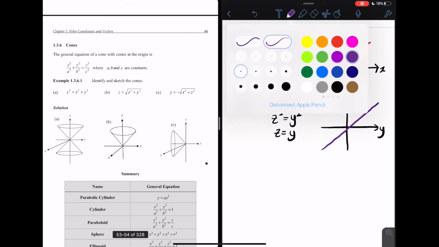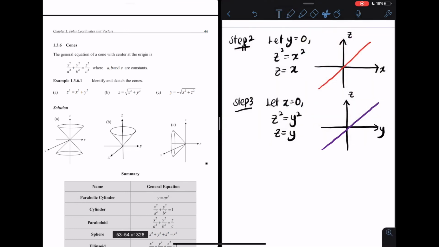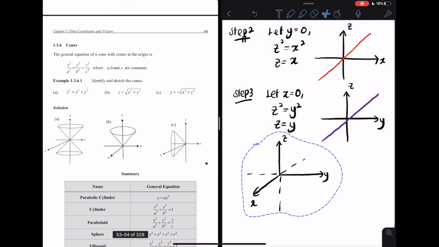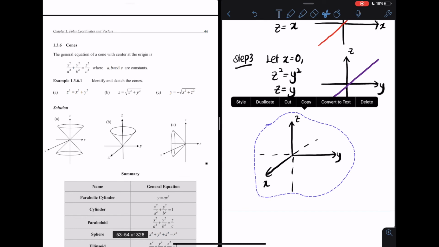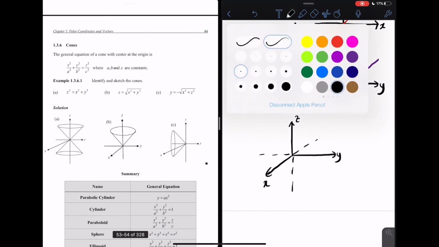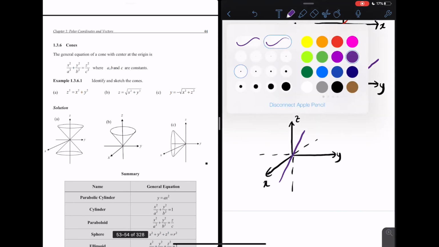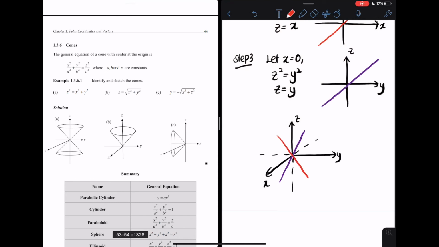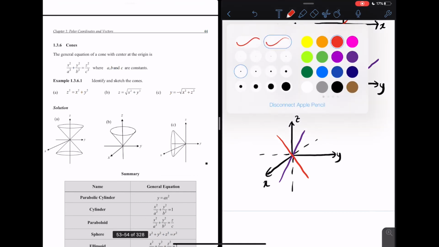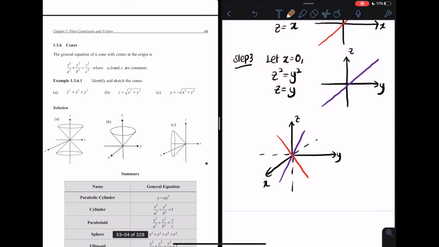By combining all the curves you have obtained from step number 1 until step number 3, you end up having a cone. So let me highlight the cone first.